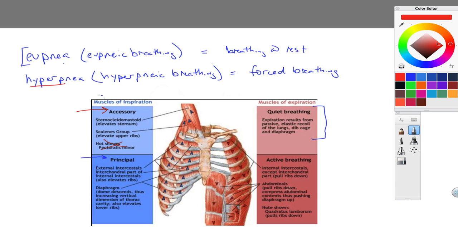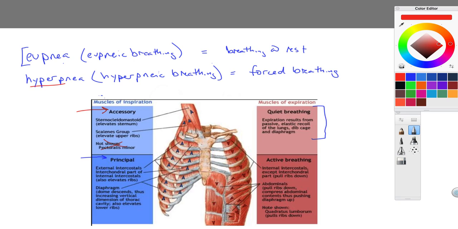Diaphragm is an inspiratory muscle. So what we want to do with the abdominals is sort of compress the belly, which pushes your organs upward and shoves that diaphragm upwards to decrease the thoracic volume, increasing its pressure and driving exhalation, right? And so our active breathing muscles are the internal intercostals and all layers of the abdominal muscles.